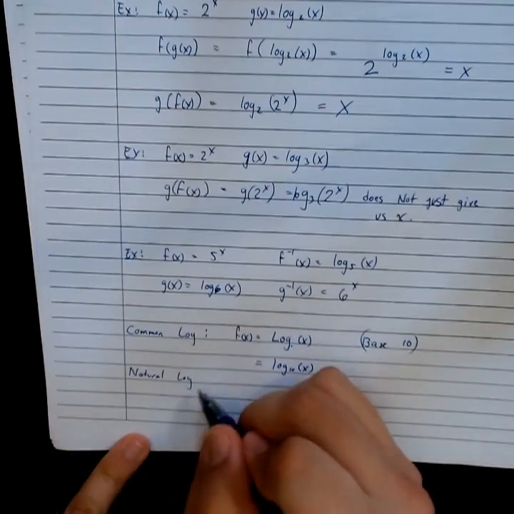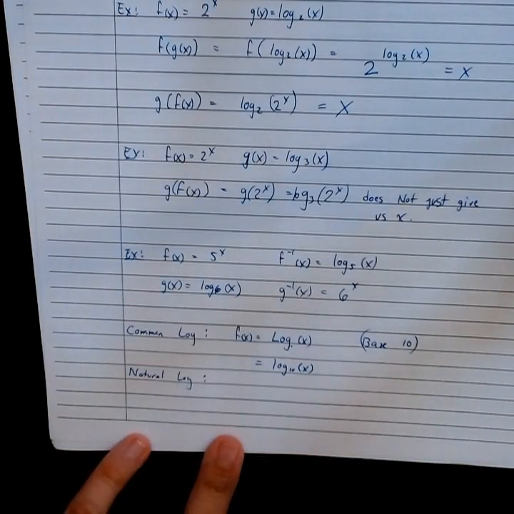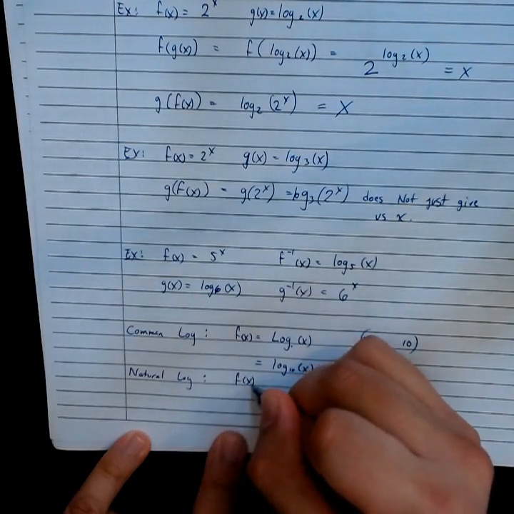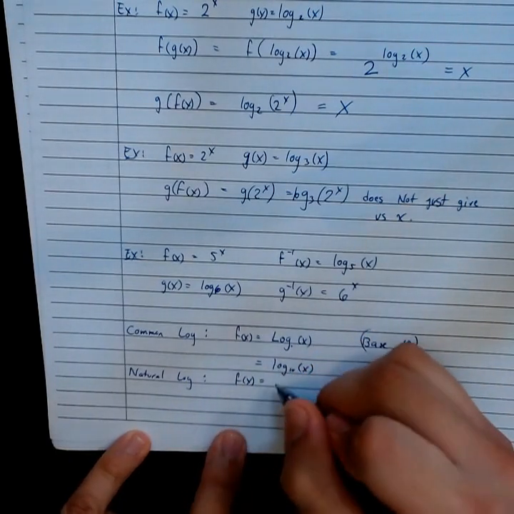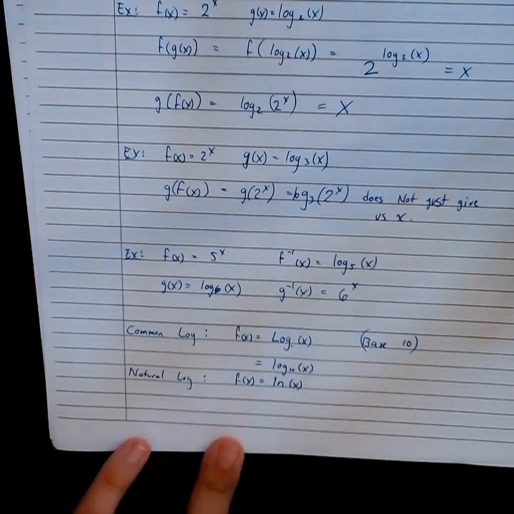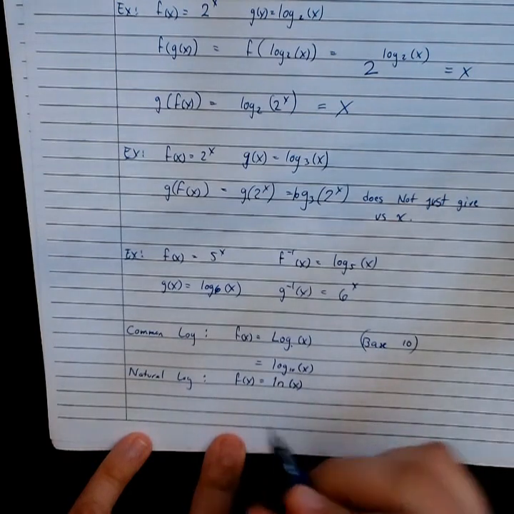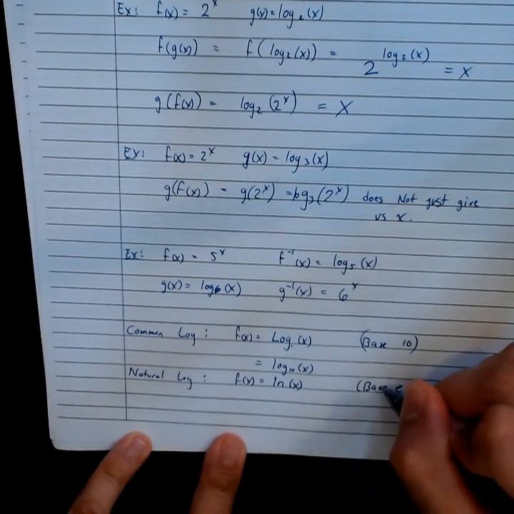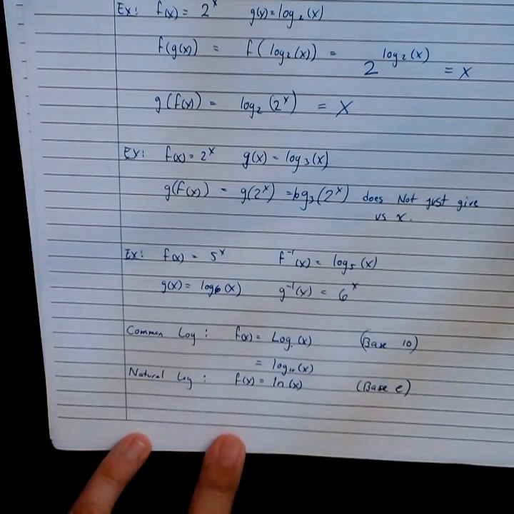The other common base that we see very often is going to be the natural log. So this one would be something like f of x equals, the notation for the natural log is ln of x, like that. And the natural log is the log with a base of e. Now you remember e, we saw in a previous section, that was Euler's number, a number that's approximately 2.7, more or less.